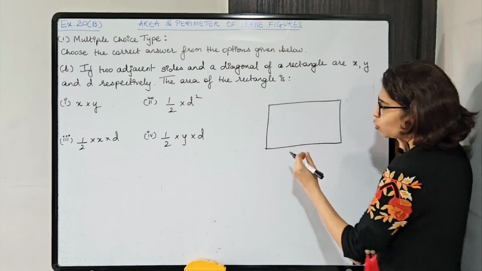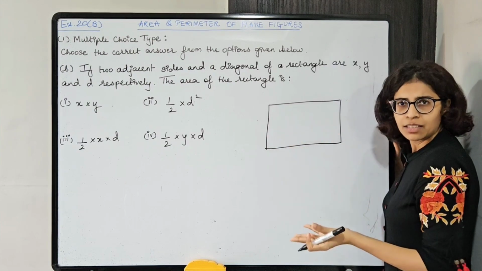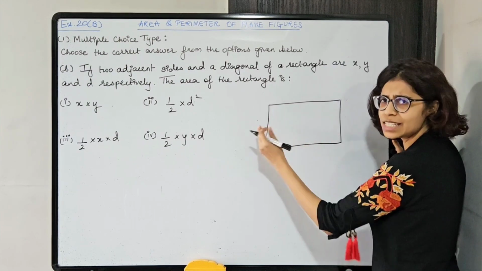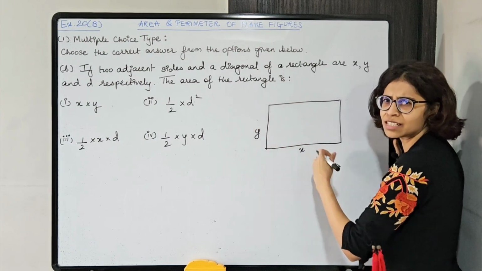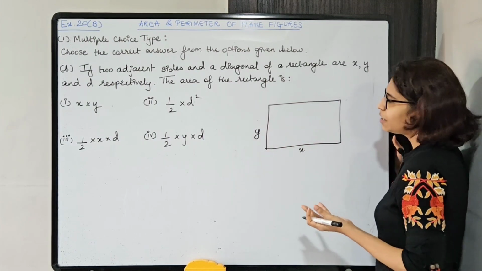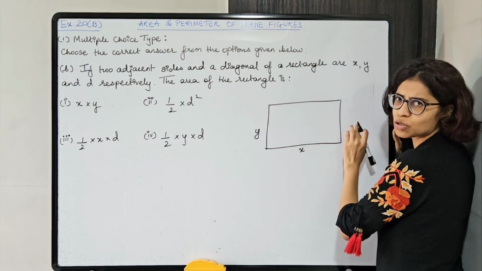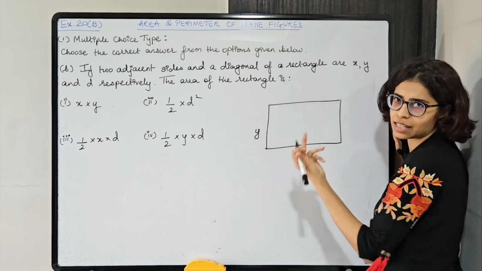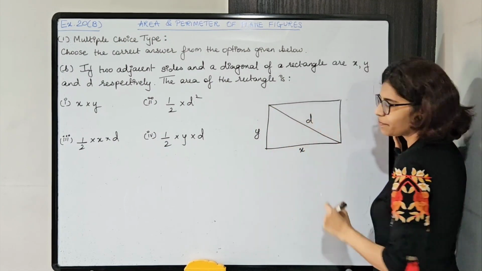So the neighboring sides are going to be length and breadth, right? So take one as x, the other as y. You can take this also as x, this as y, does not matter. Okay. So x and y are adjacent sides. You can take this and this also, this and this also. Any two neighboring sides. Okay. And the diagonal is d.